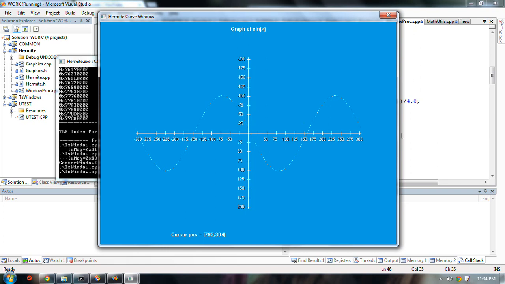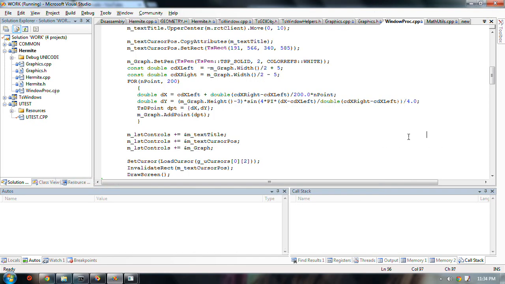No, actually, it's not the usual sine x. I'm off by a half cycle, I guess. This is not the 0 point, like the argument equals 0. Doesn't matter. It's a graph, and it draws on a thing here.